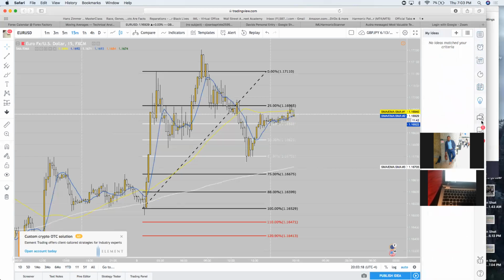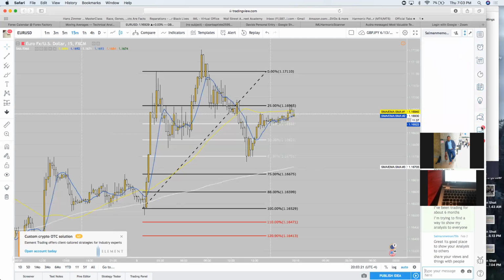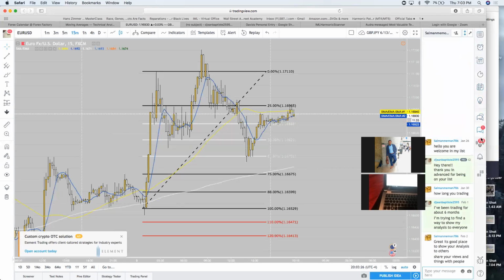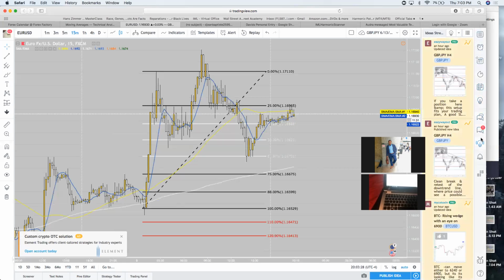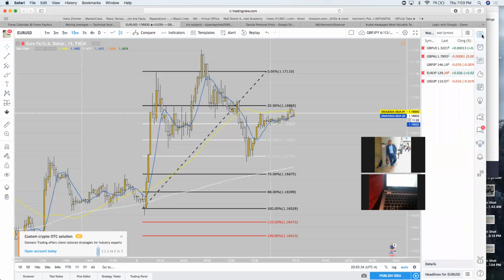All right, this is my ideas. We could skip that. Elliott Wave talk, we could skip that. Okay, and pretty much we could skip all the others. Idea streams. Yeah, we don't. All we need to focus on is the watch list, the alerts, and the calendar.